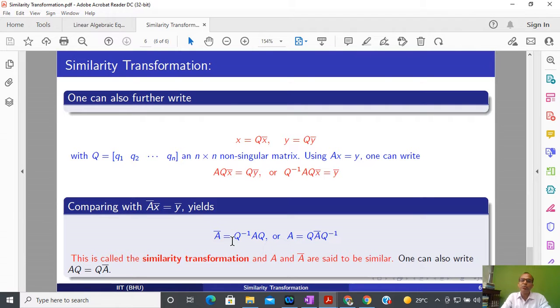So you can select Q based on your choice. Just make sure that AQ equal to QA bar, that kind of relationship is there. Then you are able to express the same matrix in a different way.